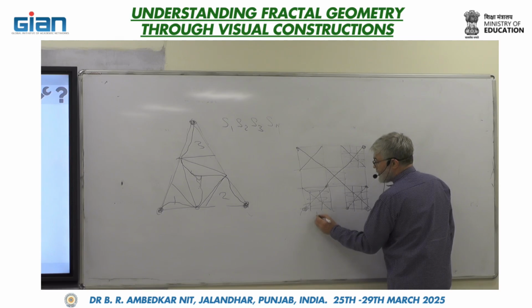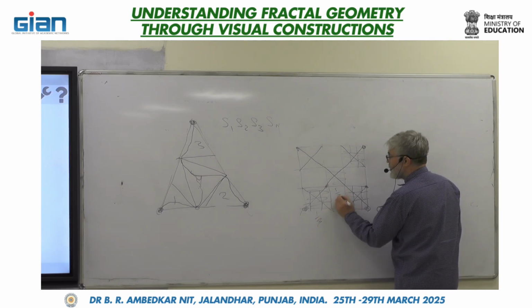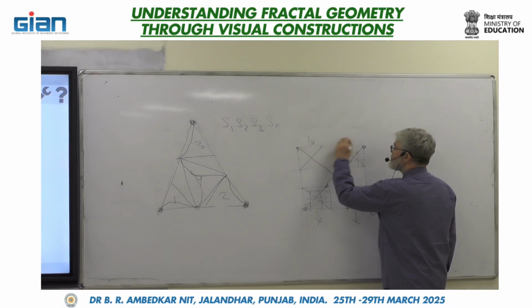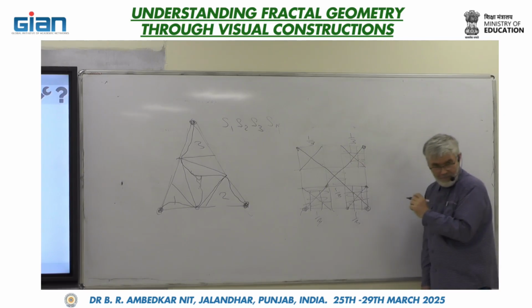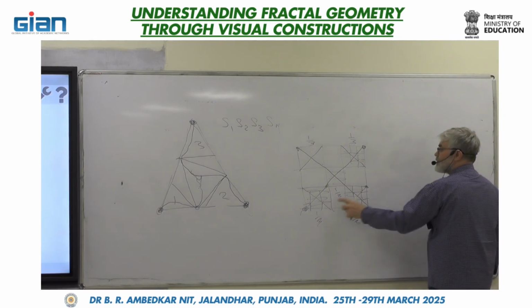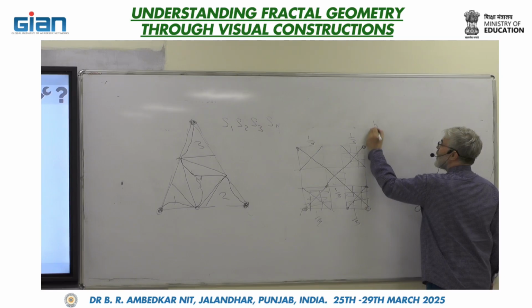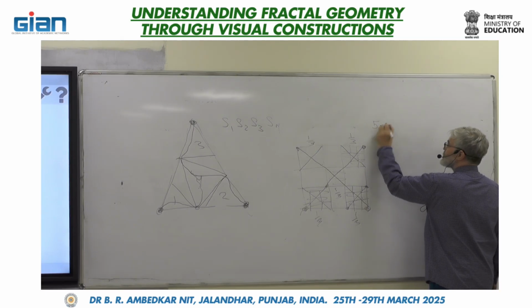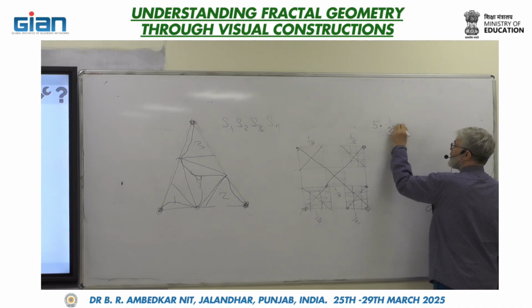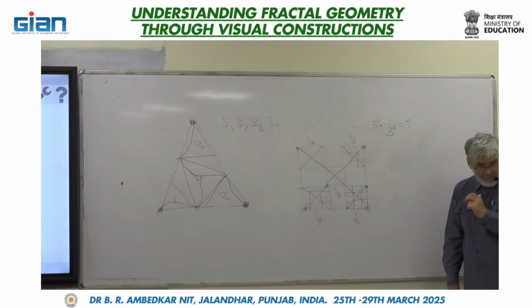Suppose that all these numbers are 1/3, 1/3, 1/3, right? So you have 5 copies with coefficient of 1/3, and 5 multiplied by 1/3 to the power of s should be equal to 1, right?